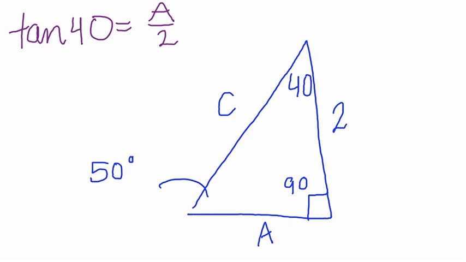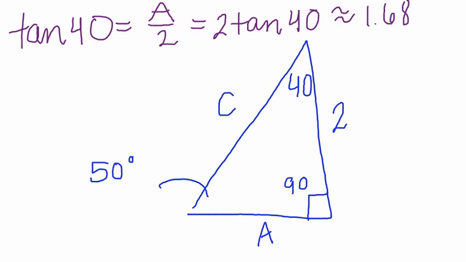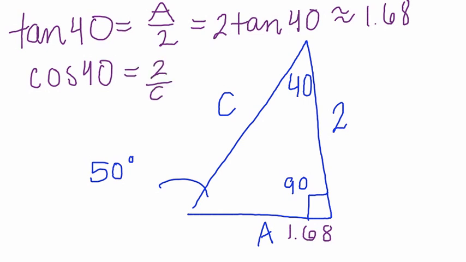So you do tan. Tan 40 equals A over 2. And if you multiply both sides by 2, you get 2 tan 40, which is roughly 1.68. Cosine 40 is 2 over C. And using algebra, C equals 2 over cosine 40, which is roughly about 2.61.